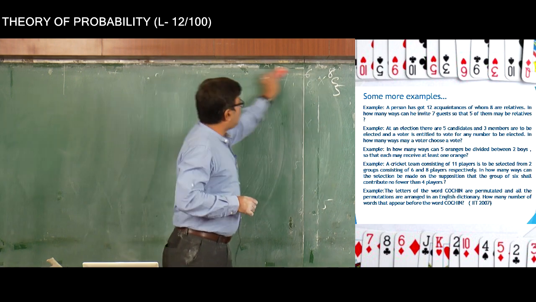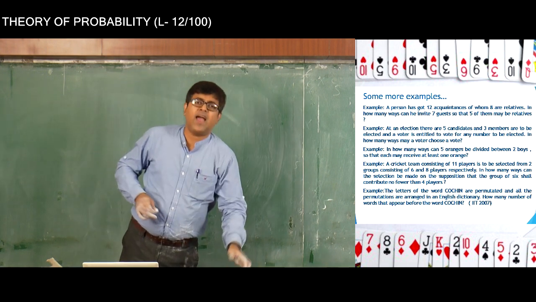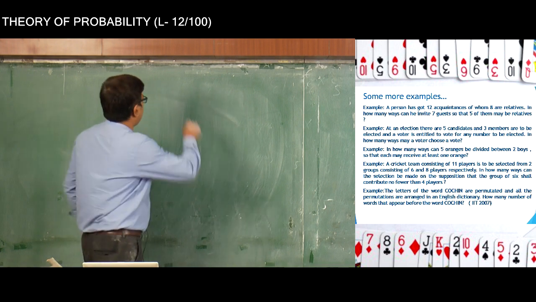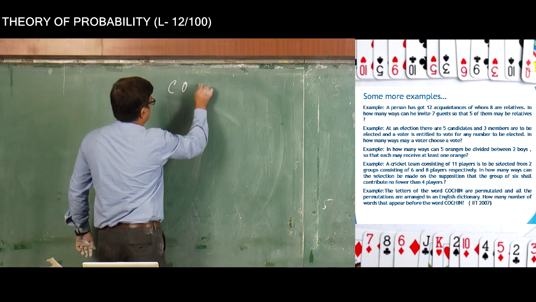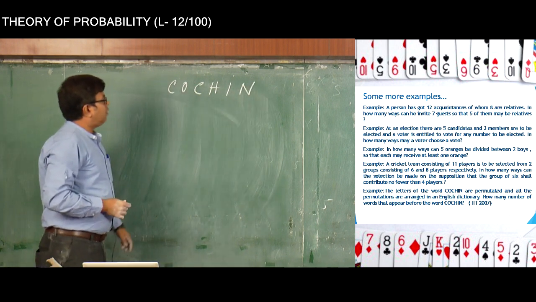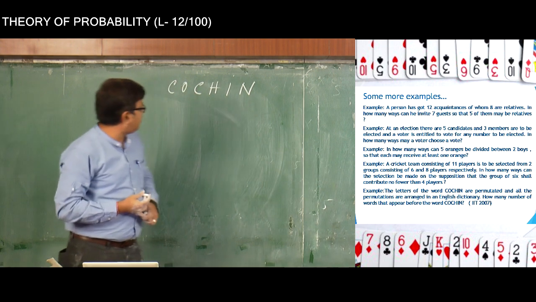I think all of you know that words in an English dictionary are arranged alphabetically. So, let us write the letters of the word Cochin. It's the name of a city in Kerala. C-O-C-H-I-N, right?